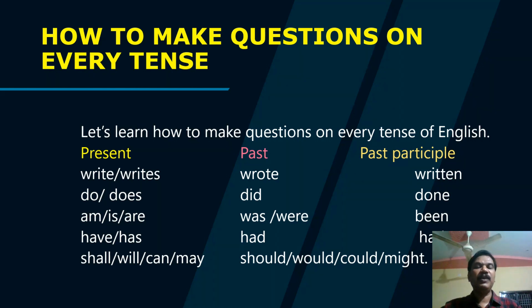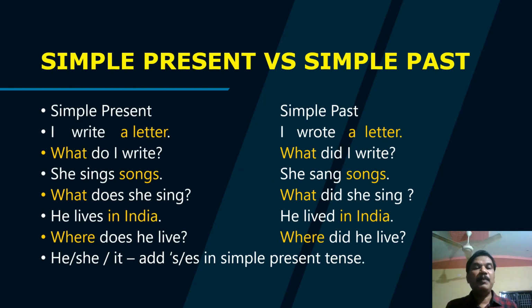Shall, will, can, may. These words don't have a past participle. Should, would, could, might. I compare simple present to simple past tense. Then you could understand why we are using do, does, did in sentences.